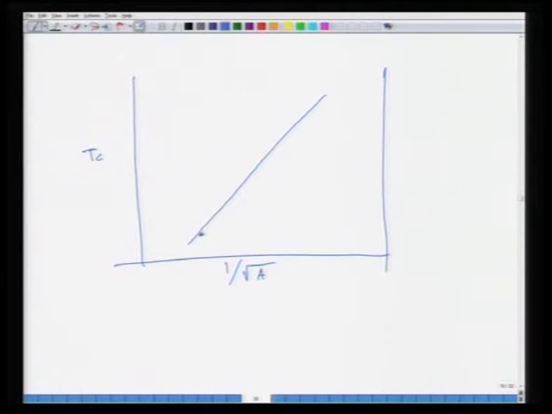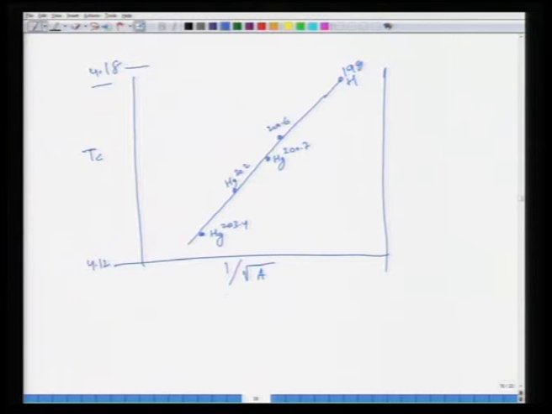Somewhere here you have mercury Hg 203.4, here you have Hg 202, and here Hg 200.7, and then 200.6, and so on and so forth, until you go to Hg 198. The transition temperature varies from 4.12 Kelvin right up to about 4.18 Kelvin. So the transition temperature was varying when you changed the atomic mass of mercury.